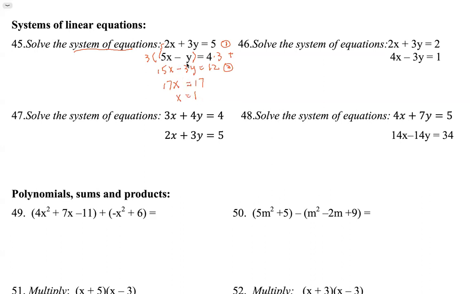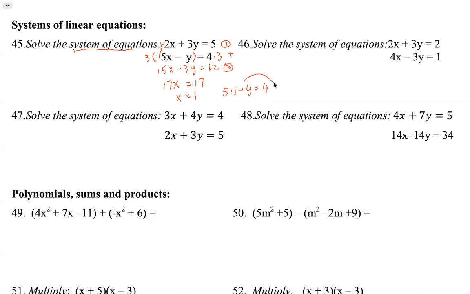So we got rid of one variable. In this case, we got rid of the y term. So once we have the solution for x, we can go back to either equation to solve for y. Well, let's go to this one. Right, so we have 5 times 1 minus y equals 4.